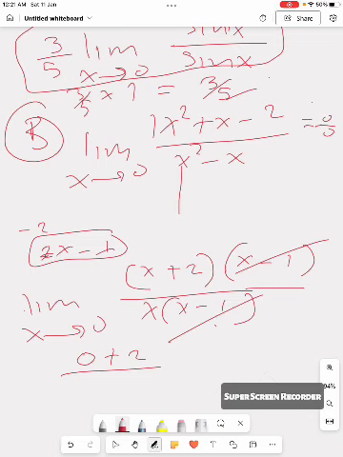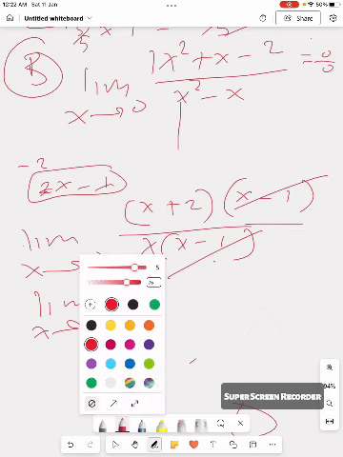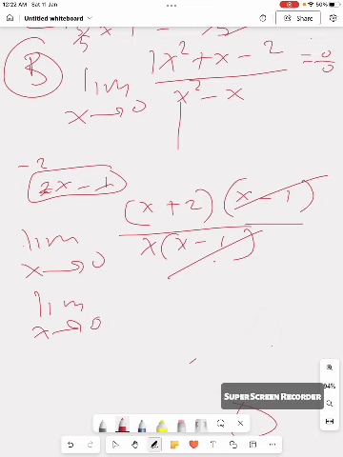So let me factorize this also. I want to factor out this. So limit as x approaches 0, okay, as x approaches 0, this is 0, I put 1 here, sorry, I put x outside, x, this is 1, no, it didn't work out.